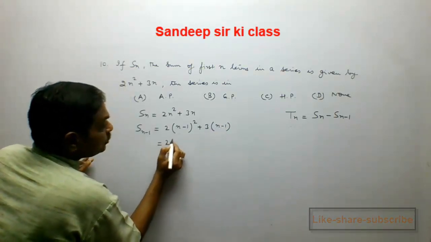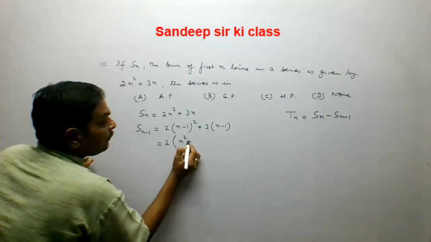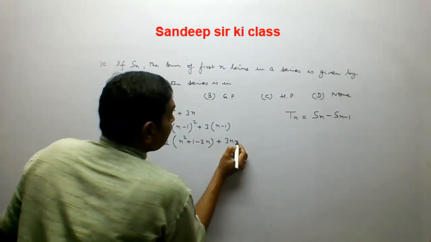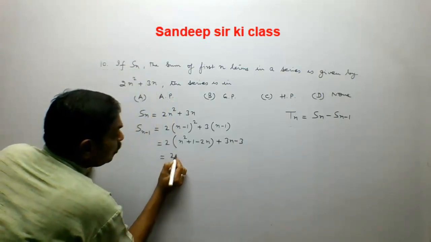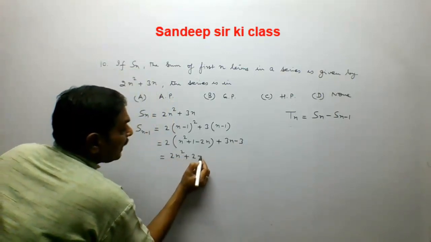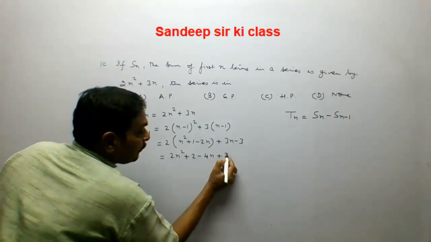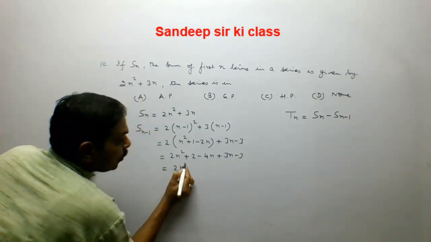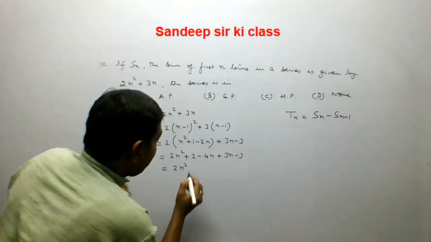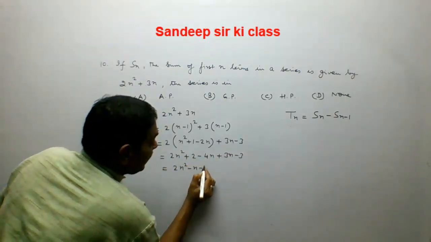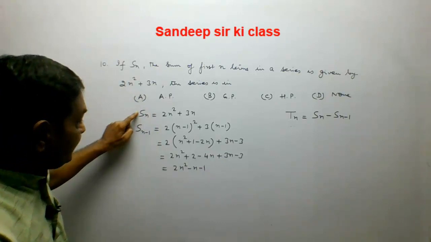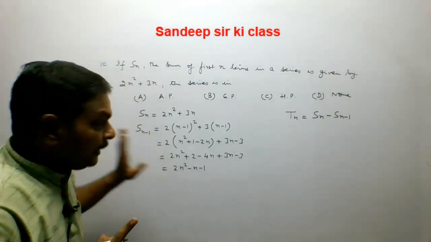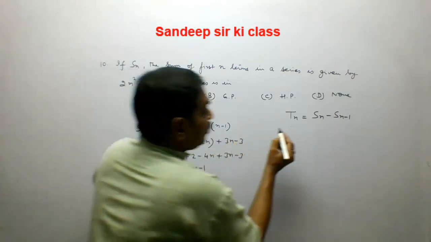Simplify this. It is 2n square plus 1 minus 2n plus 3n minus 3. 2n square plus 2 minus 4n plus 3n minus 3. Simplification gives 2n square minus n minus 1. Now Sn, I have Sn minus 1, I have evaluated. So Tn can be calculated.